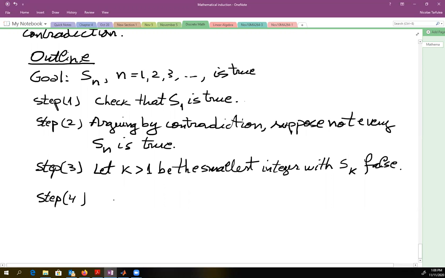So Sk minus 1 has to be true. But this may imply that Sk is true as well. And obviously this is a contradiction with step 3, right? We know that Sk is false from step 3.